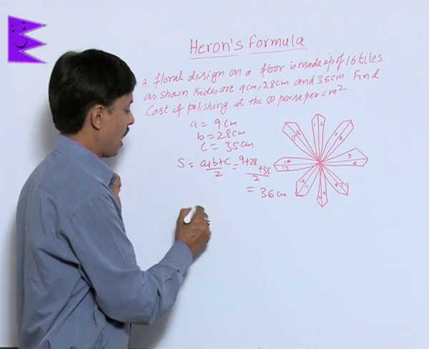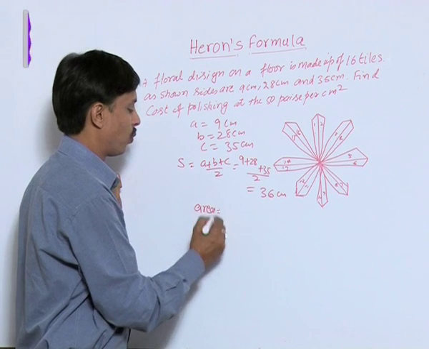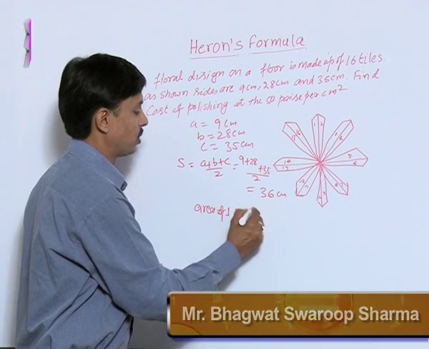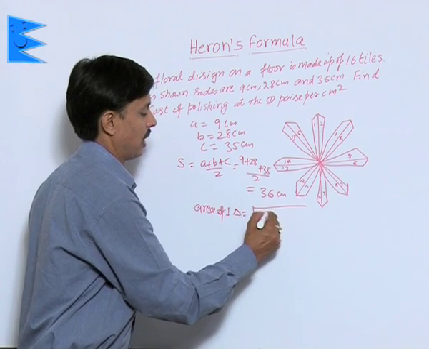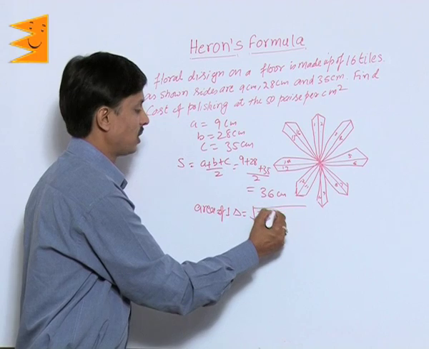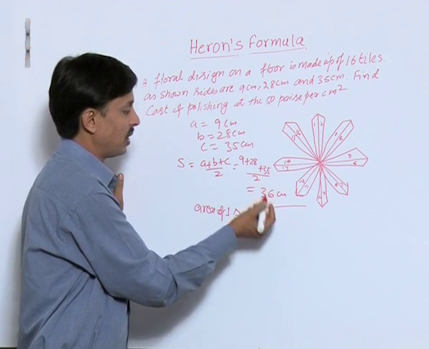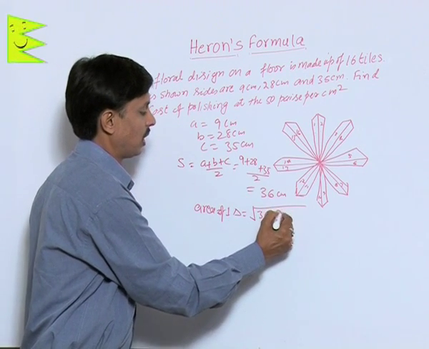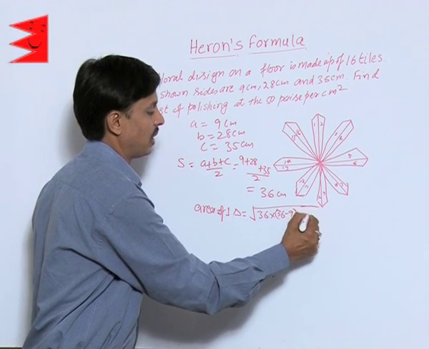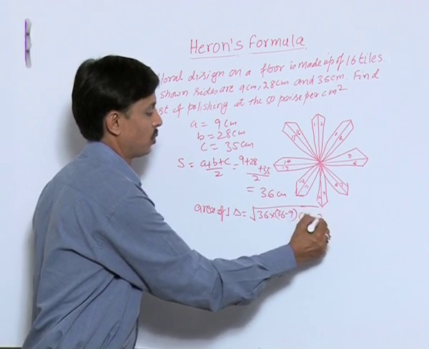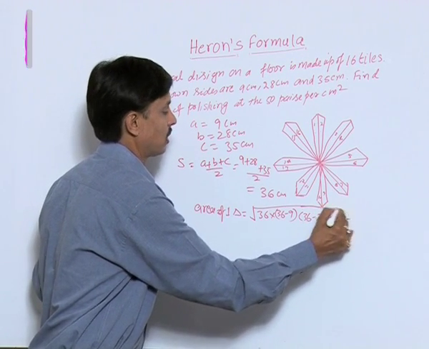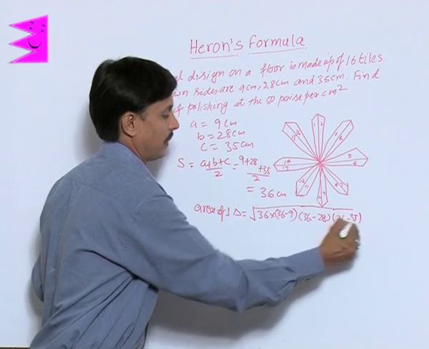First thing, the area of one triangle. Area of one triangle is root of S into S minus A, 36 minus 9. Then S minus B, 36 minus 28. S minus C, 36 minus 35.